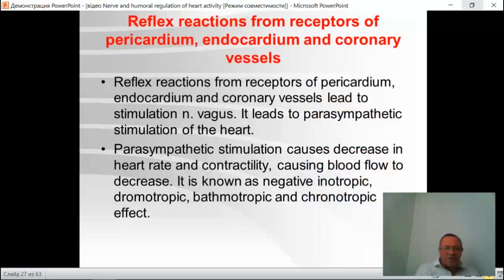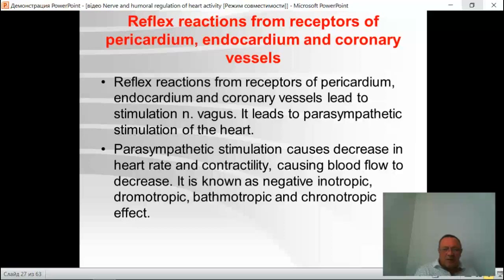Reflex reactions from receptors of pericardium, endocardium, and coronary vessels regulate heart activity. They lead to stimulation of the vagus nerve.